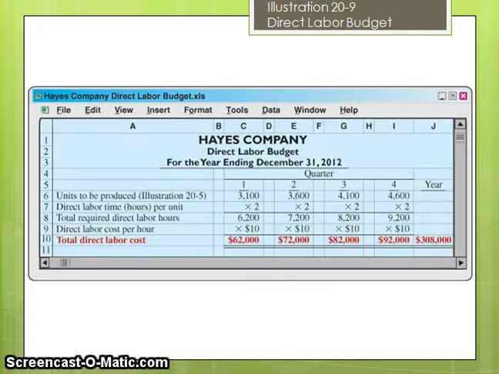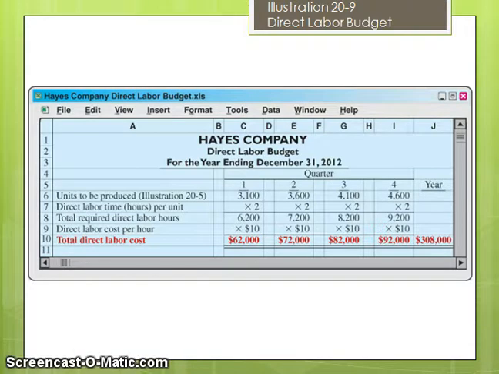Second one is direct labor. Again, based on the production budget, which we looked at 2 screens ago, those are our units that we're estimating to produce in each quarter. Based on that, I have to figure out how long it takes me to make each unit. For us, it takes 2 hours of direct labor per unit.